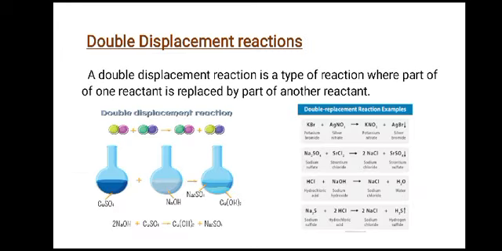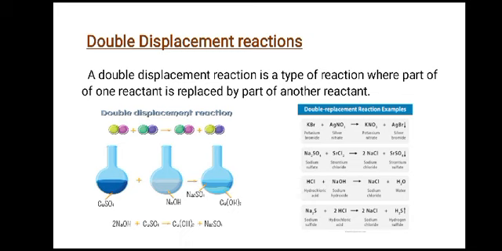Next is double displacement reaction. A double displacement reaction is a type of reaction where part of one reactant is replaced by part of another reactant. Here the diagram shows when copper sulfate is treated with NaOH it gives Na2SO4 and copper hydroxide.